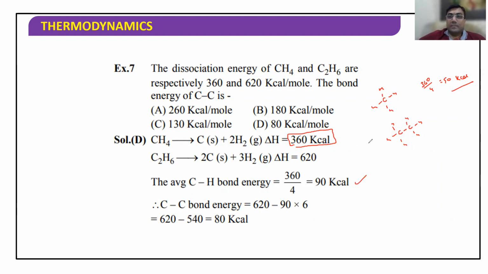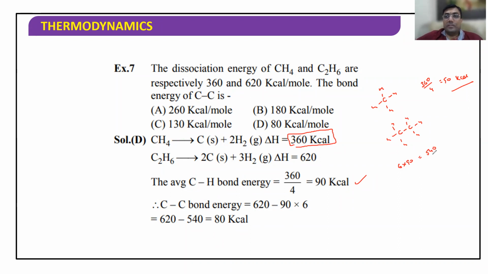Now listen carefully. In this question, total how many C-H bonds are there? 6, sir. So 6 into 90 is how much? 540.